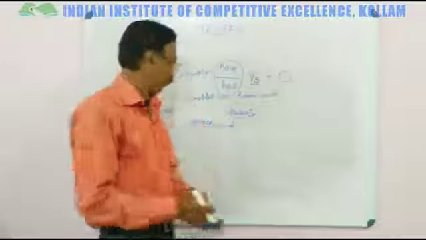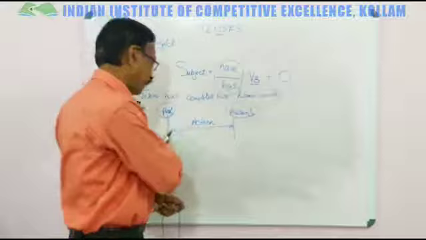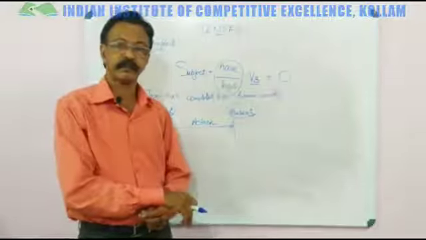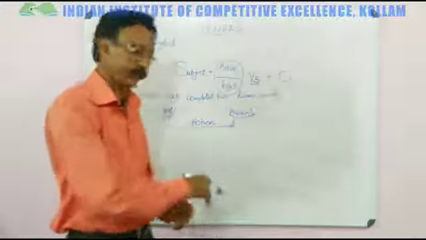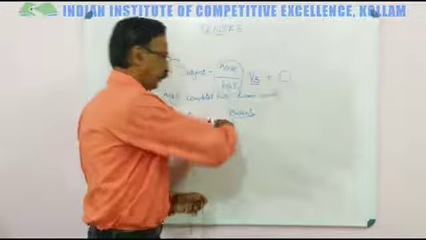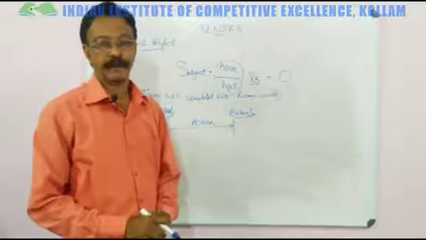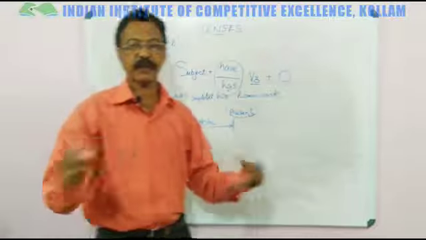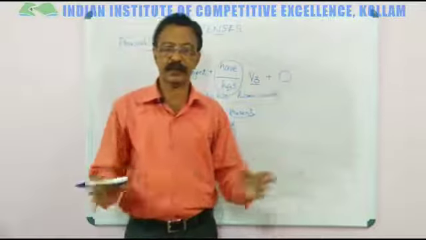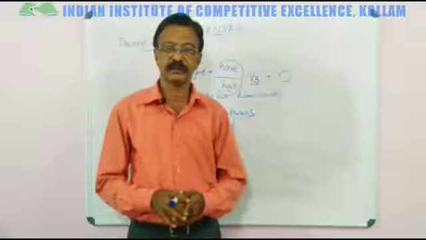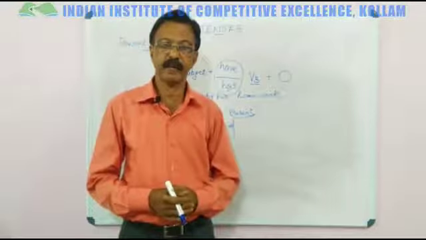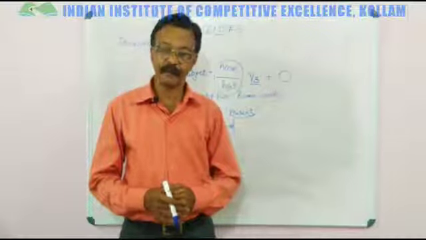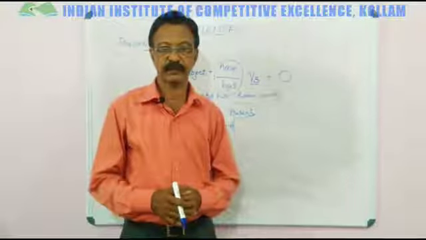An action started in the past and completed, finished. That action is over just before the present. So after completing some work, I just stood up, then I can say I have completed the work.